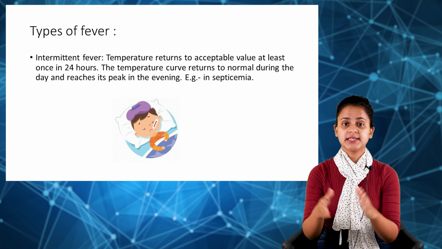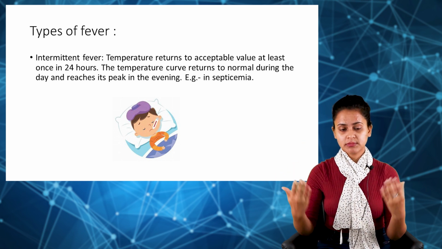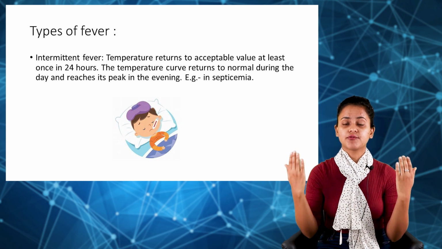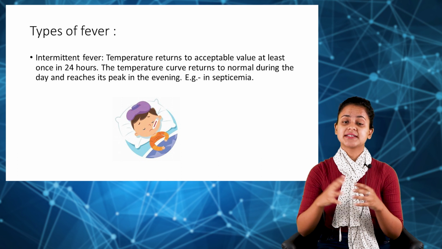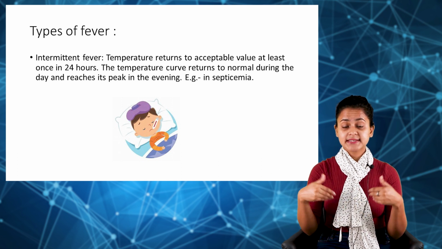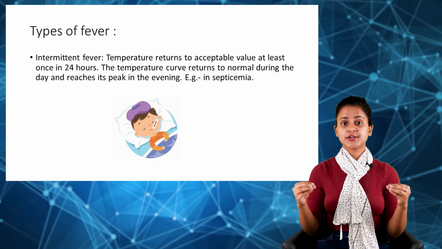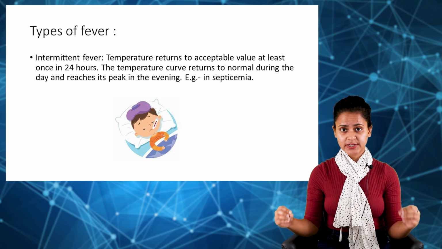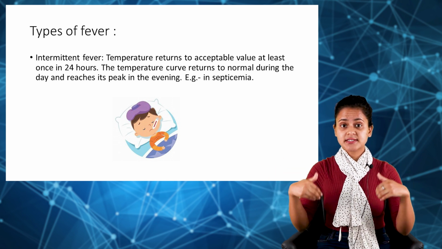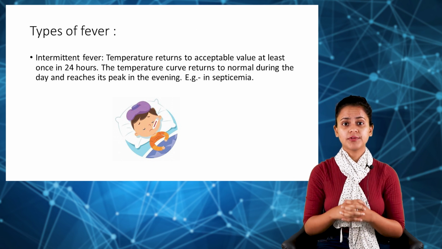Generally, the temperature curve will return to normal during the daytime and will reach its peak in the evening. An example of this condition is septicemia. Naturally, a client who has septicemia, being a systemic infectious condition, is definitely going to develop hyperthermia or fever.